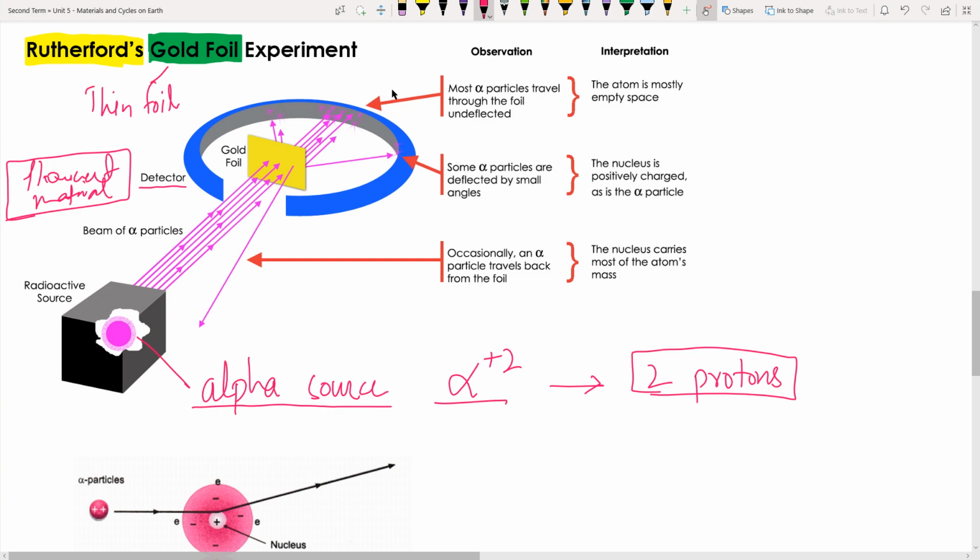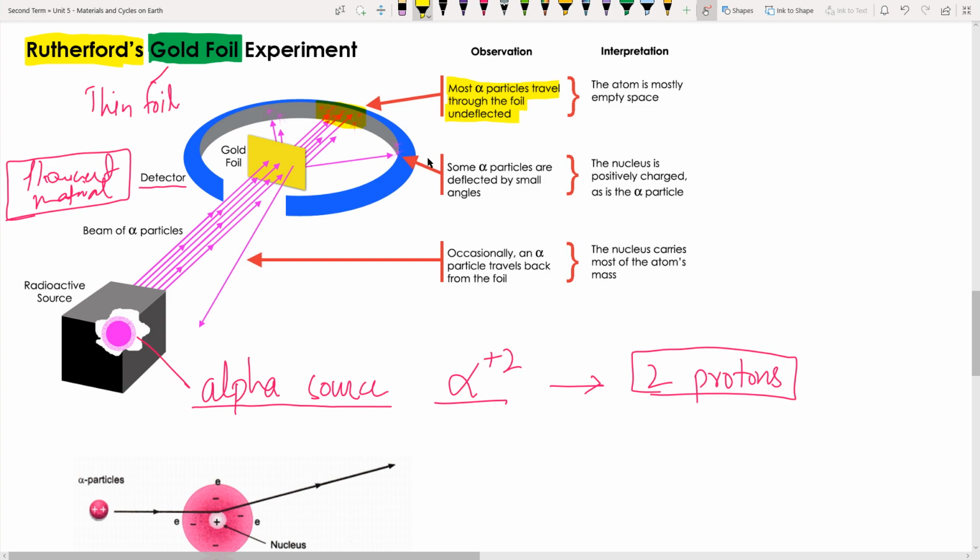So we saw that most of the particles were going through this gold foil, right? That was our observation number one, that most of the alpha particles travel through the foil undeflected. So they were going precisely straight, right? Just according to the source, they were gathered at this point. So we saw color formation at this point.